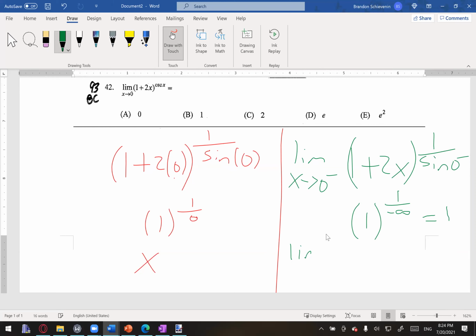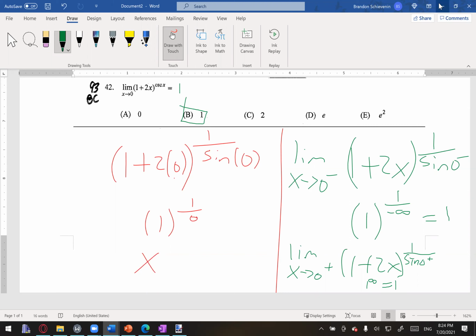If we do the same thing and take the limit as x approaches 0 from the right, this will become 1 raised to the infinity power, which is also 1. So because my limit from the left is equal to my limit from the right, my general limit must also be the same. So B.